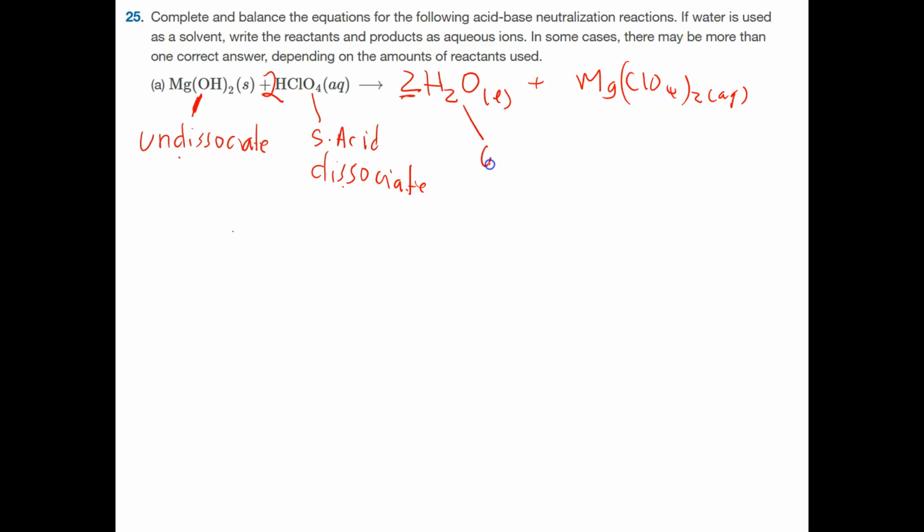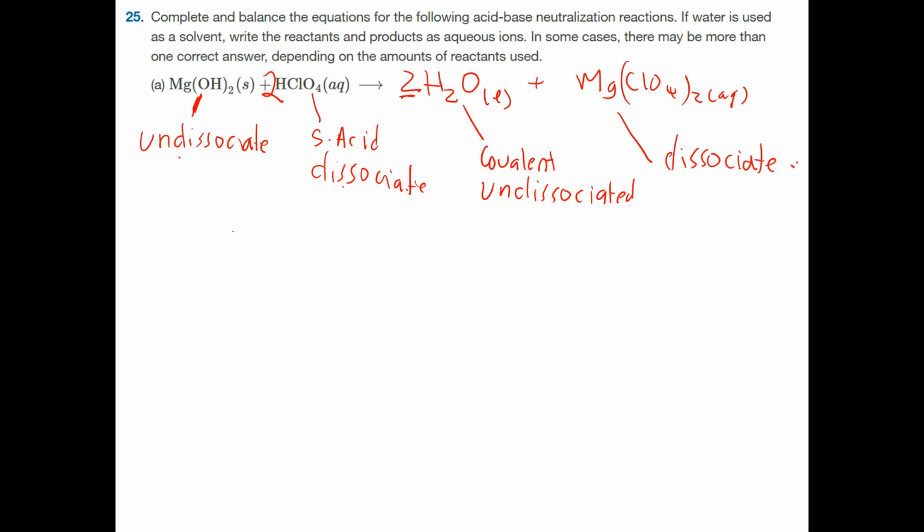This guy here is a covalent compound. It's not an acid, so we're going to leave it alone. So it's not going to be dissociated. And then this one here, if we look up magnesium perchlorate in our solubility rules, we will find that it is a soluble ionic compound. So this one is going to dissociate into ions.